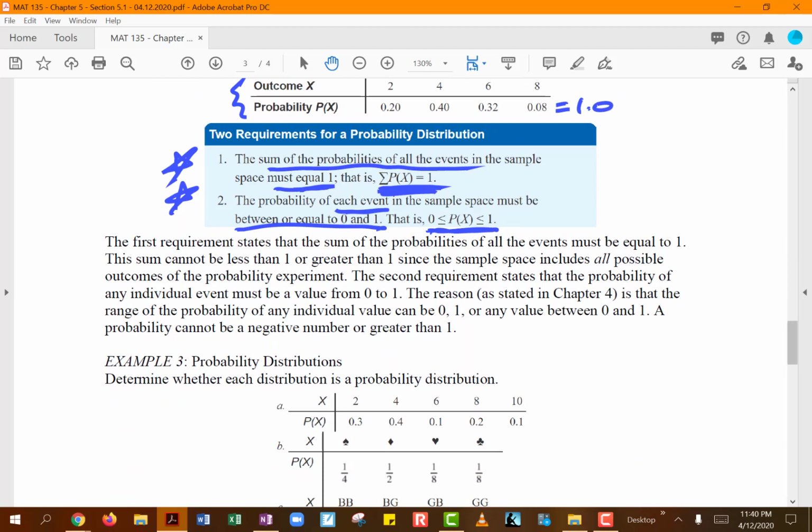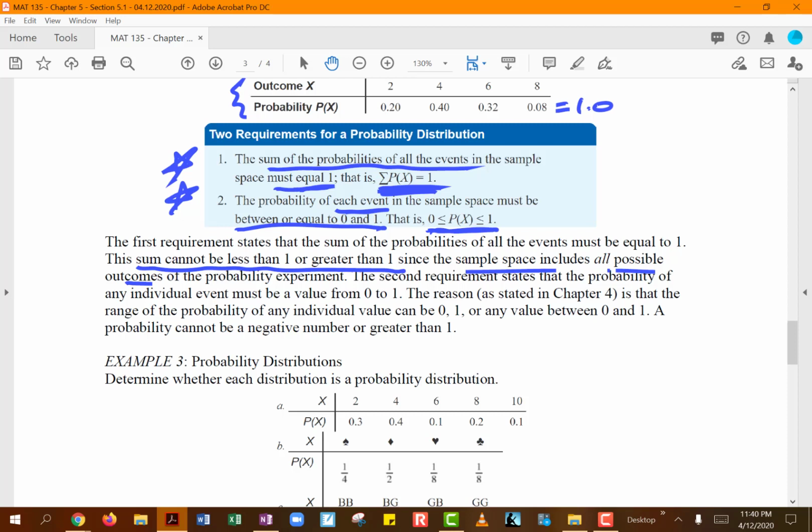You can read some of those finer details in this paragraph over here. The one thing you have to be careful about is that your sum cannot be less than or greater than 1 in your sample space, since the sample space includes all possible outcomes.